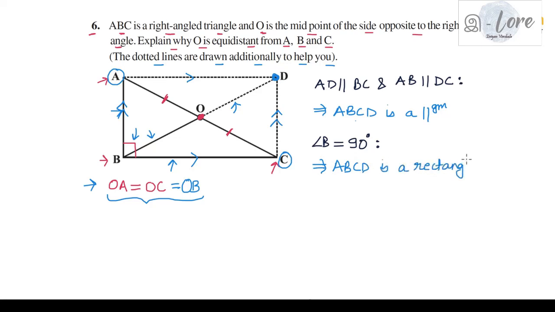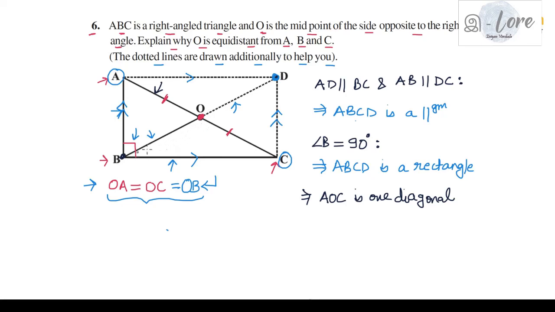And now this is quite awesome because this helps us conclude this result quite easily. We observe that one of the diagonals of this rectangle ABCD is AOC. And what about the other diagonal? If we join the points B and D, it should also pass through the midpoint of AC, because the diagonals of a parallelogram bisect each other.